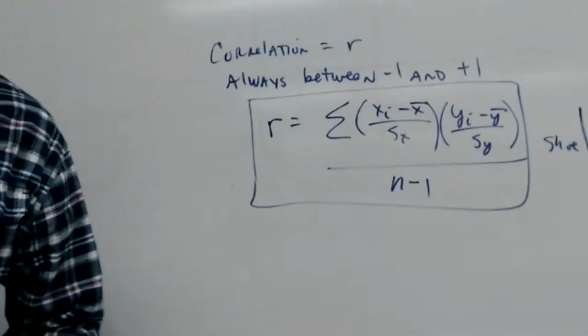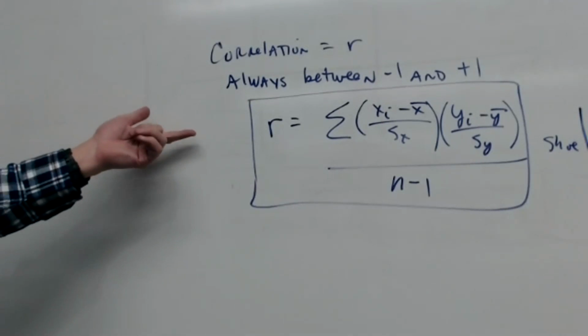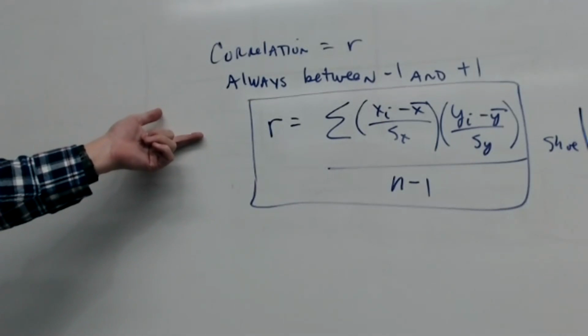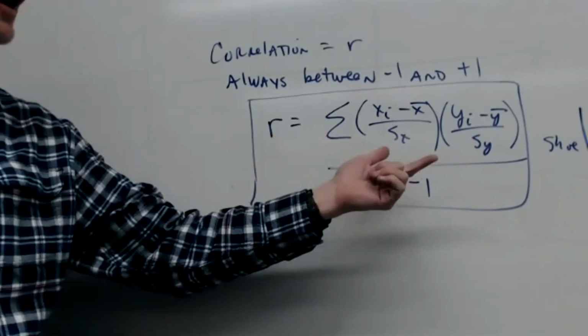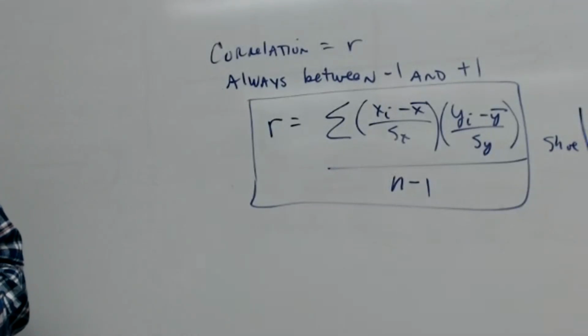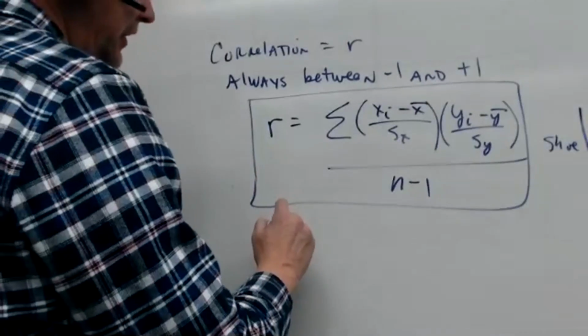So that's the equation. Now you don't necessarily have to memorize that equation. I will give it to you, but I do expect that you will be able to take this equation just as you did with the standard deviation and be able to calculate this, okay?